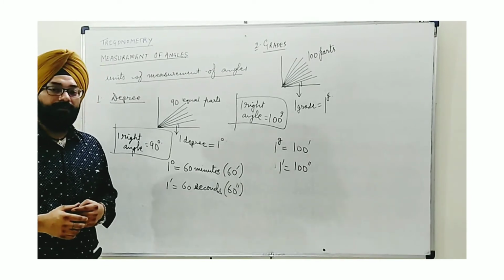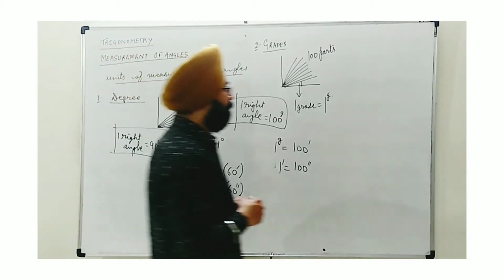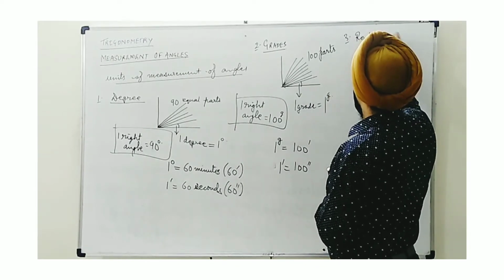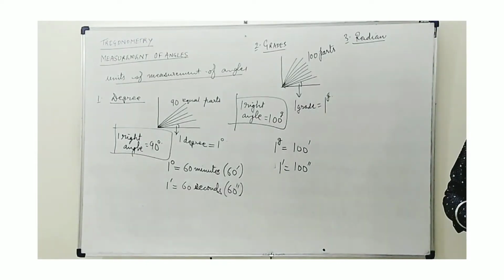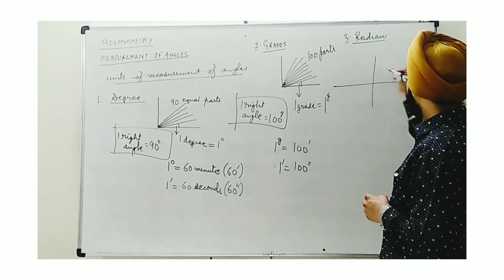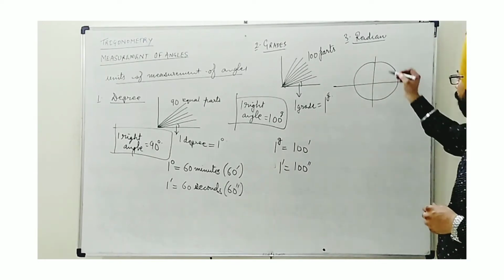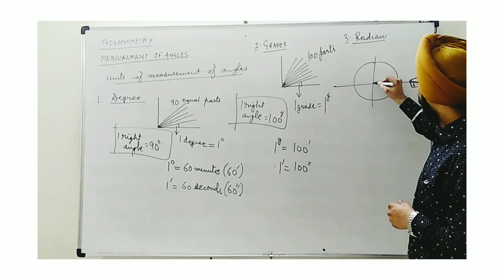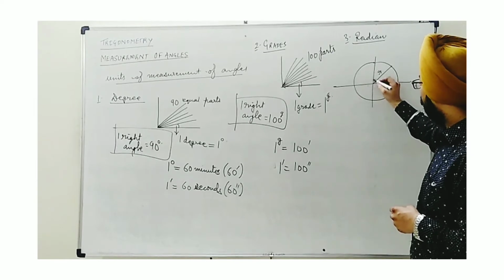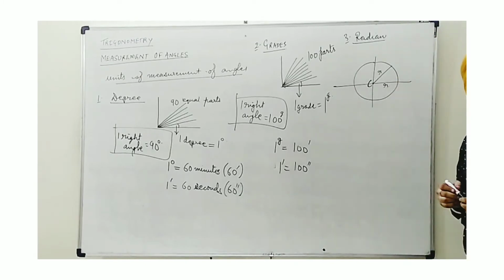Okay. Now next what we are going to see, a very important unit, is the radian. We are going to see the third unit as radian. Radian is a theory based on the circular system. What do we consider? If I draw a circle here, this is considered to be the radius, this as the center, and this also as a radius.